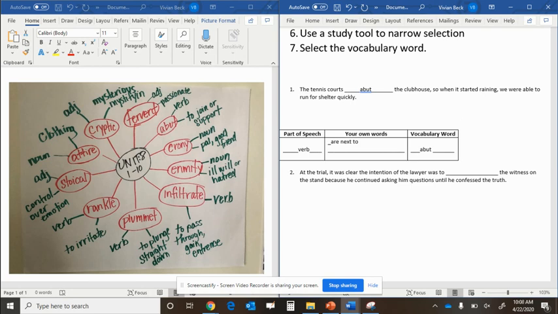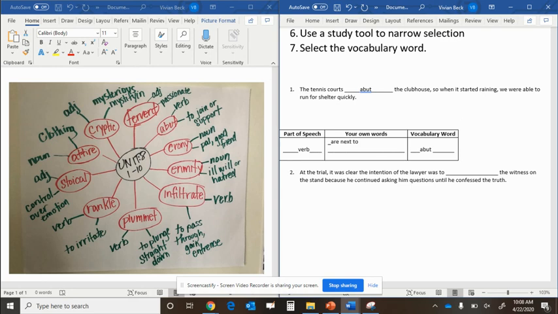Is it negative? Maybe. I guess it depends what side you're on. The clear intention of the lawyer. So think about the role of a lawyer in a courtroom as he's got a witness on the stand. Usually they're trying to come up with a solution. On the stand, because he continued asking him questions until he confessed the truth.